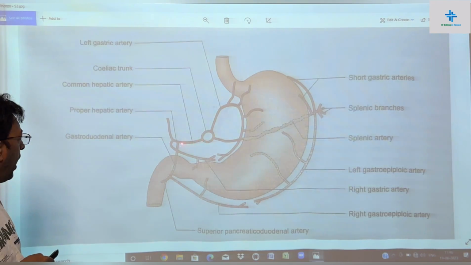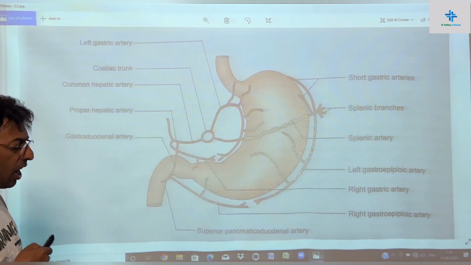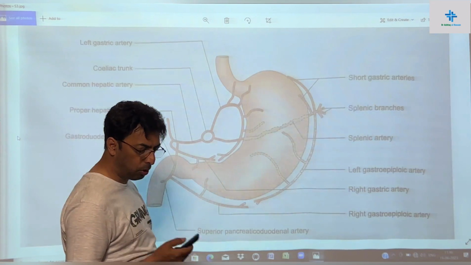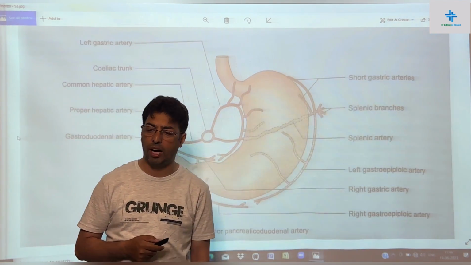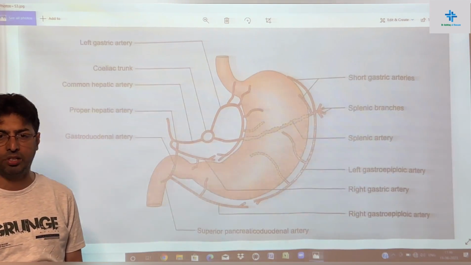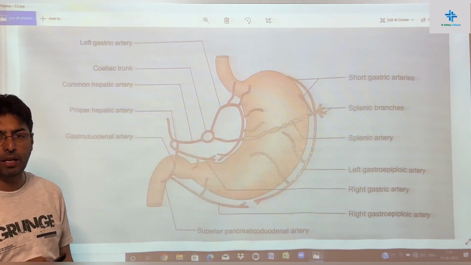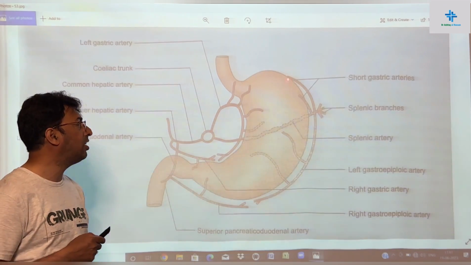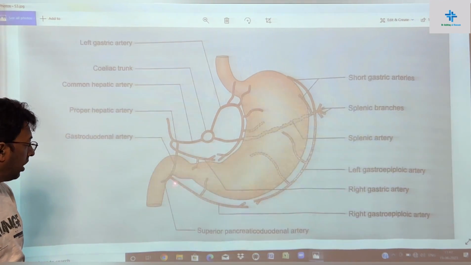In here you have this vessel which is the hepatic artery, and the hepatic artery gives this branch, the right gastric artery. So along the lesser curvature you have the left gastric artery and the right gastric artery, the left gastric artery being a direct branch of the celiac trunk, and the right gastric artery being a branch of the hepatic artery. And this is the greater curvature.